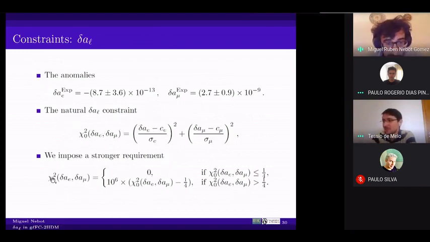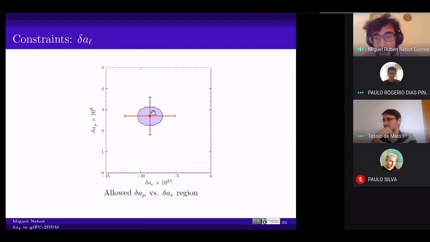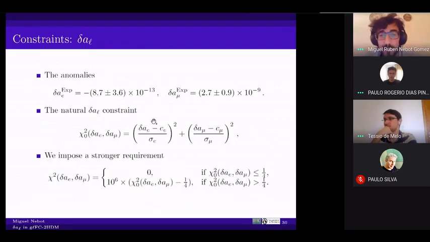Yeah, that's the thing. This means that if my prediction is very close to the central values, which is when this thing is below 1/4, then I cannot deviate more than half a sigma in one of them, and in another direction is a combination. So if I am right on top of the anomaly for, let's say, the muon, in the electron I cannot deviate more than half a sigma here.